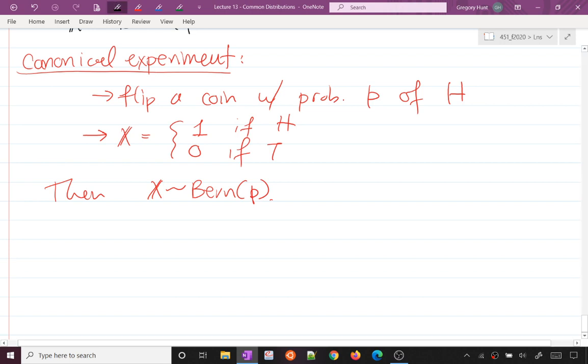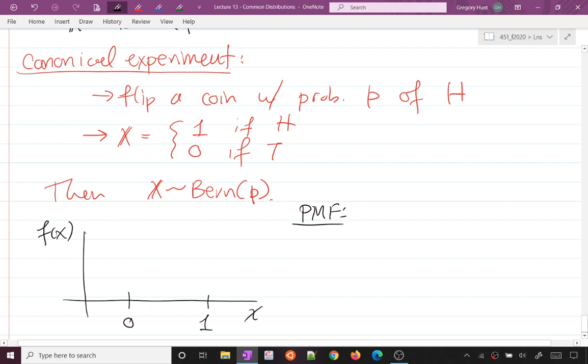So what does the PMF of this thing look like? Well, I've told you that the support is either 0 or 1. X can either be 0 or 1, heads or tails. It's a discrete random variable, it takes on two possible values, 0 or 1. If I look at my PMF, the PMF tells me the probability of being at the values.